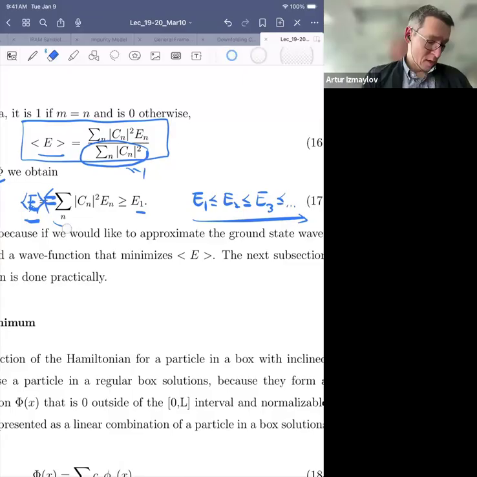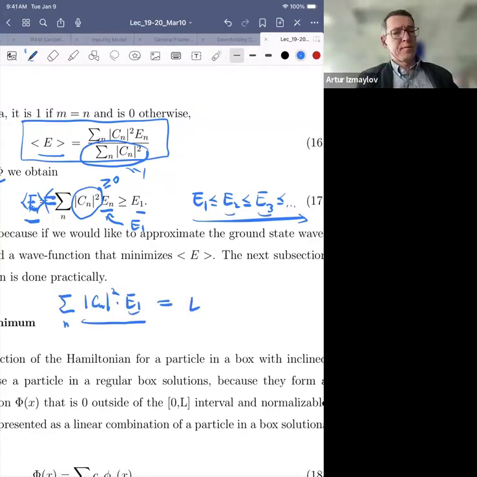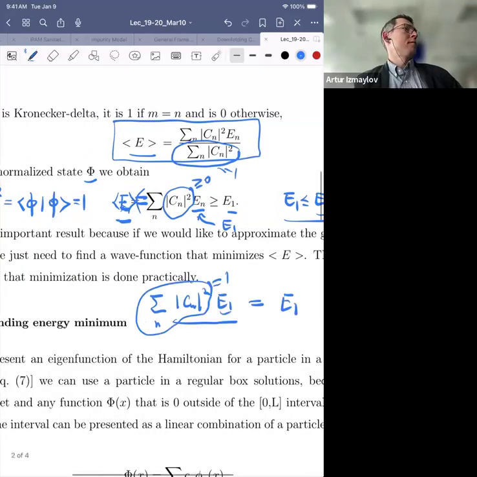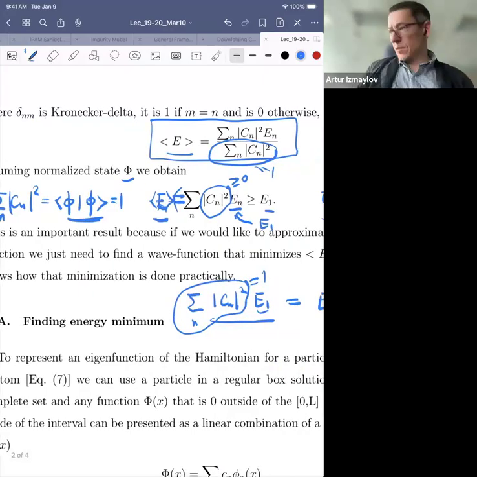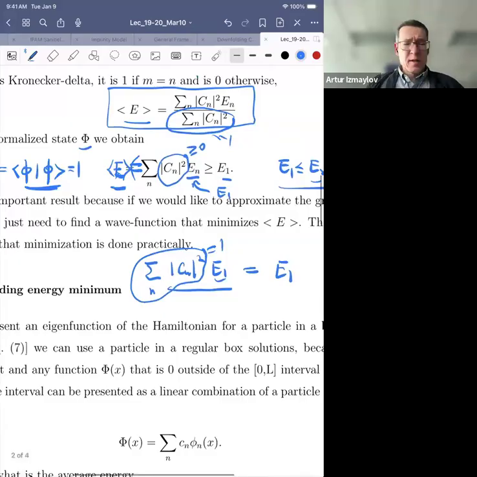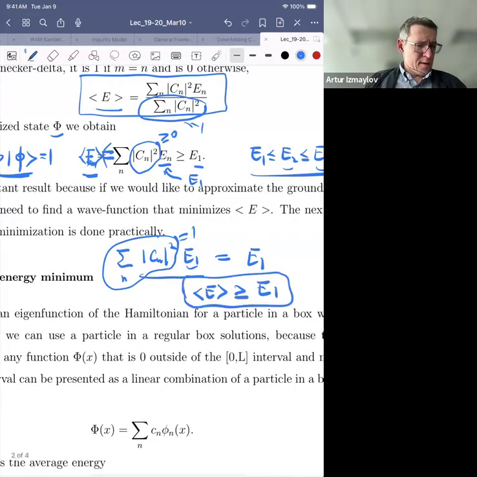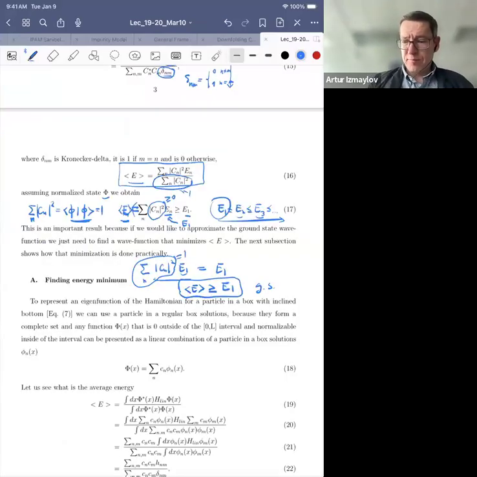Okay, any questions regarding this proof? Because this is important. Let's see, why did we need Hermitian Hamiltonian in order to do this proof?